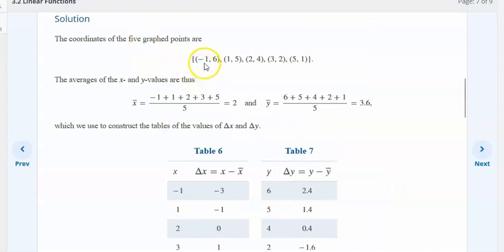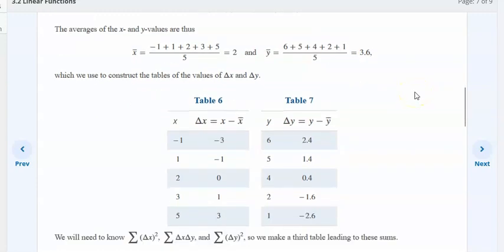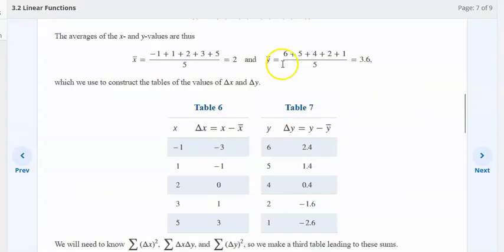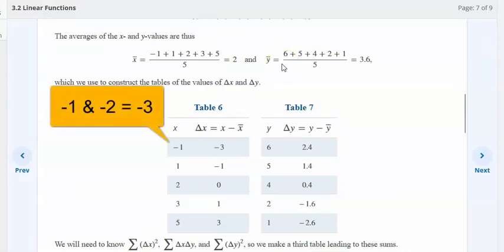So you're going to take your x values and find the mean of these, which is 2 for the x, and the mean for the y is 3.6. Now you're going to set up a table in which you're going to subtract the mean of x, which is a 2, from your x values.